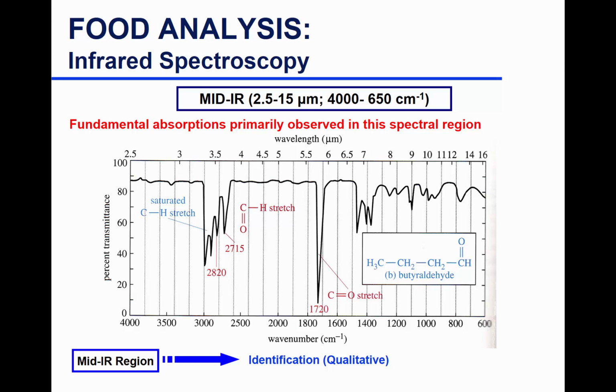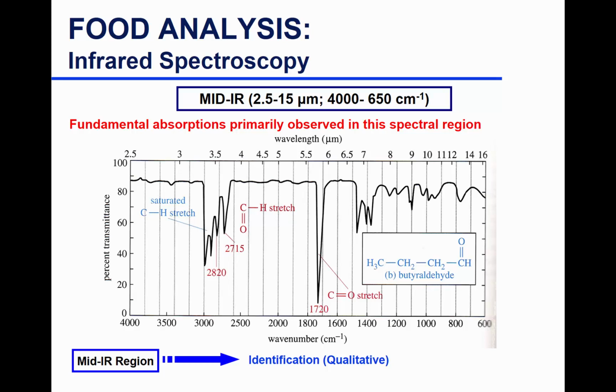So here you have a carbonyl, with an absorption at 2,750, and then you have a CH stretch, and then here a C double bond O stretch. So it's very unique, so you can elucidate the structure of butyraldehyde. So identification or structural elucidation.